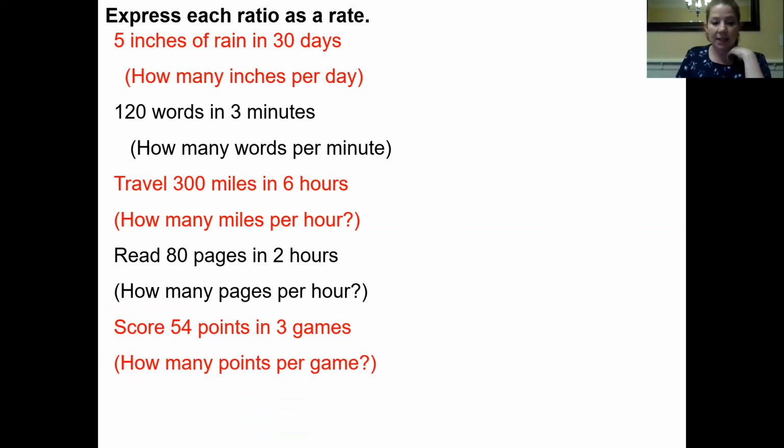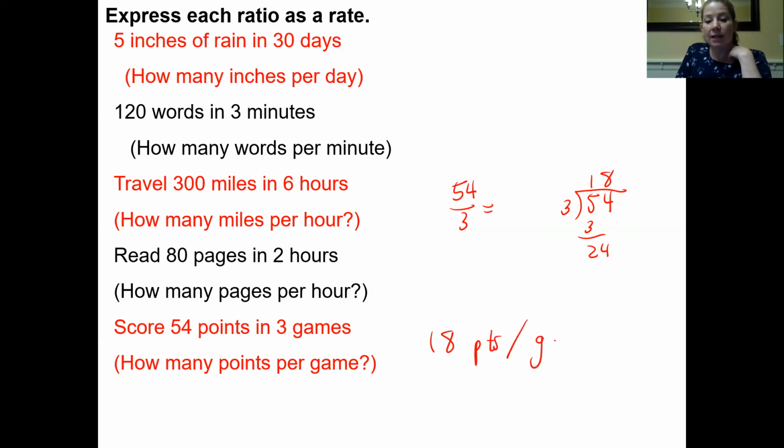That would be awesome. If we scored 54 points in 3 games, how many points per game? So 54 divided by 3. So that would go once. And we would say it would be 18 points per game.